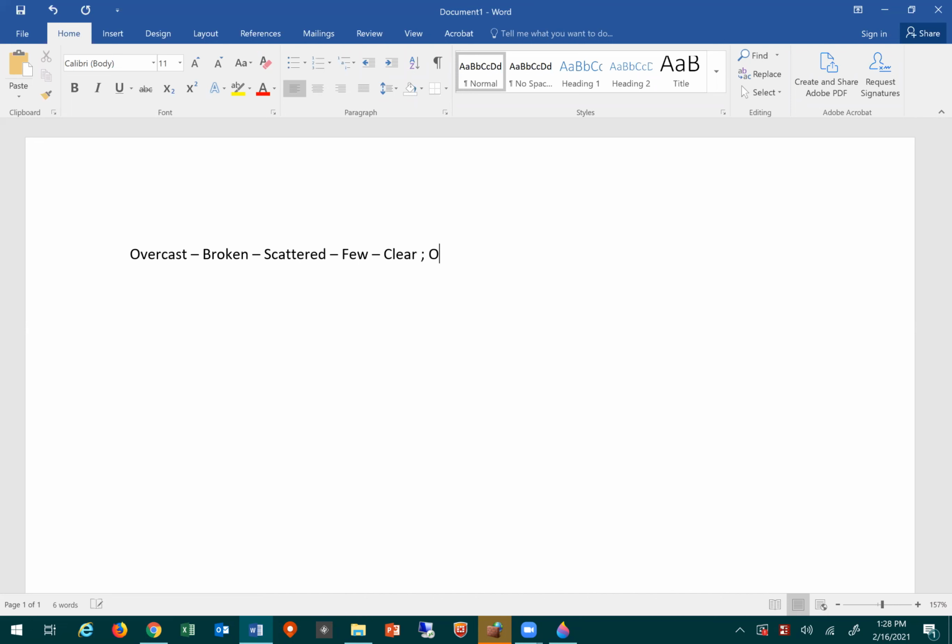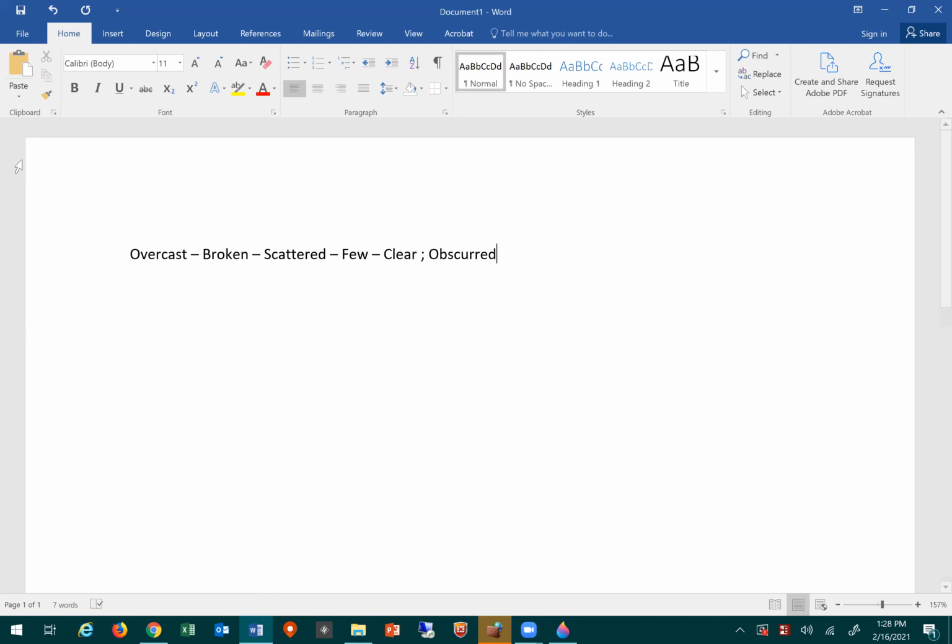And then I'm also going to say obscured. So I've got overcast, broken skies, scattered clouds, and few, meaning there's a couple of clouds here and there. We usually measure it in terms of eighths of the sky being covered. A few is not even covering an eighth of the sky, it's just some clouds around.